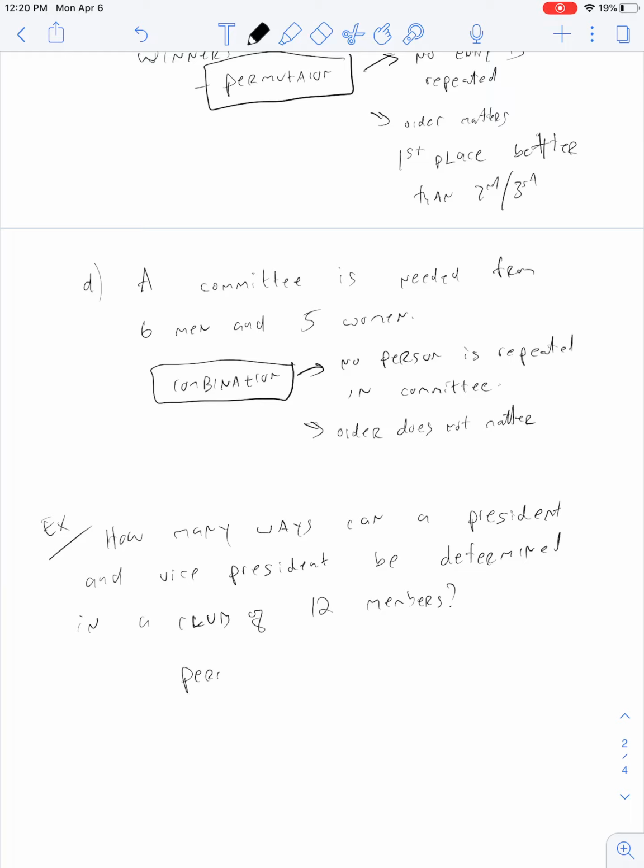So this is definitely permutation because order matters.